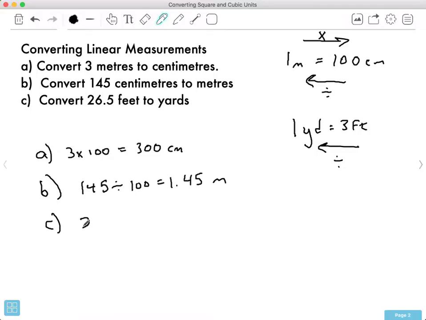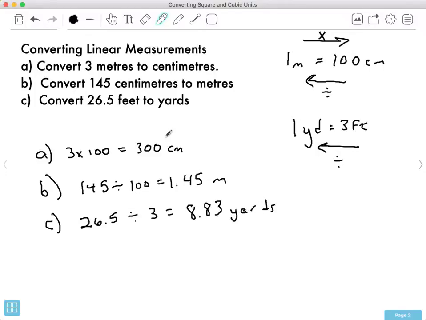So I would take 26.5 feet and divide by the conversion factor of 3. And 26.5 divided by 3 is 8.83 yards.